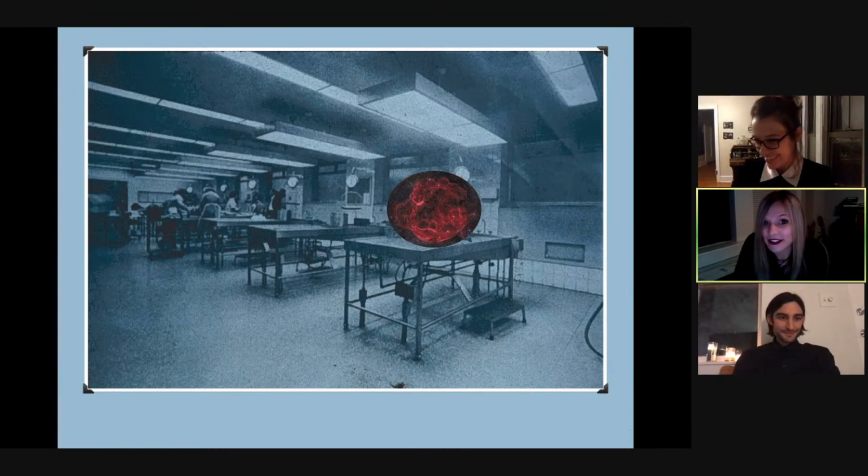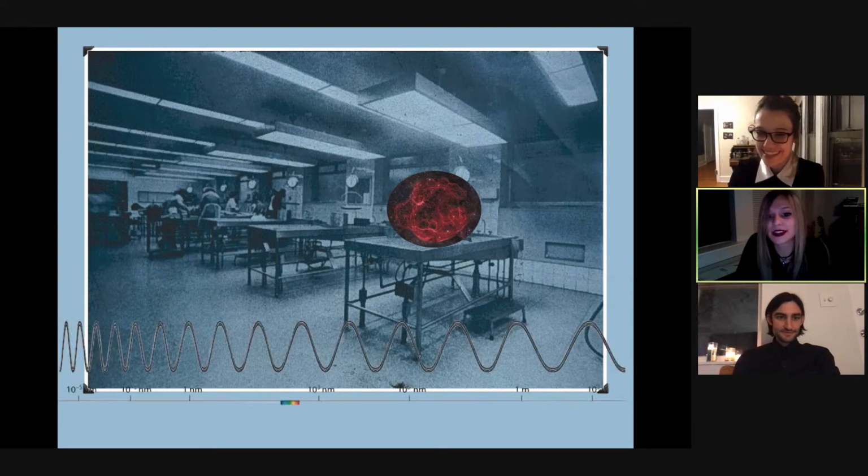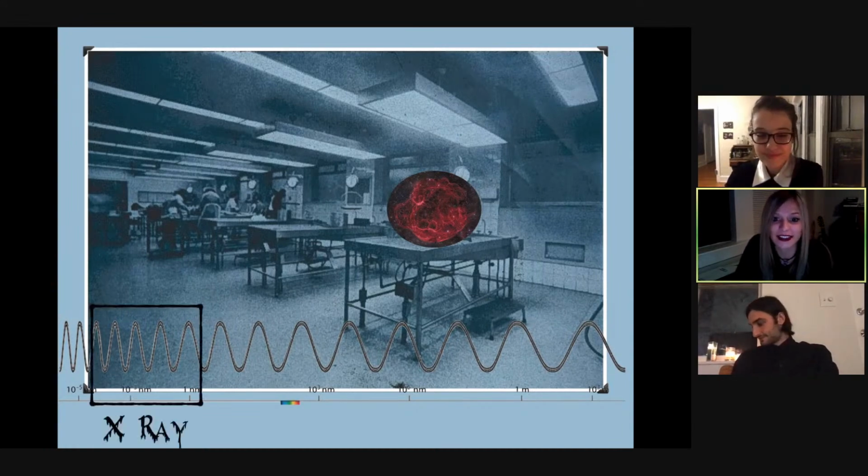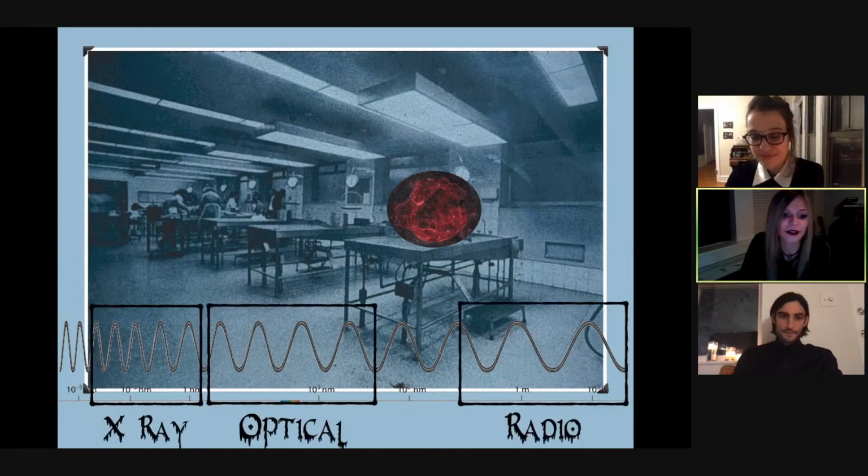But instead of scalpels and embalming machines, the tools we're going to use are those of the electromagnetic spectrum, spread across different wavelengths. And each of us will specialize in a dissection at these different wavelengths or energy ranges.